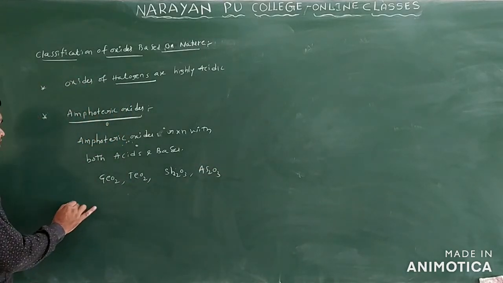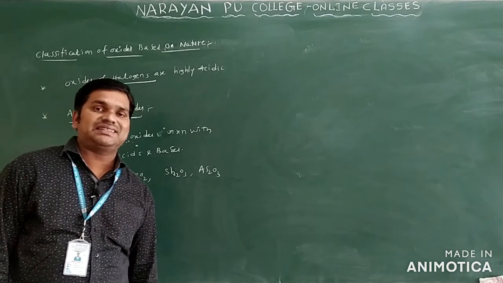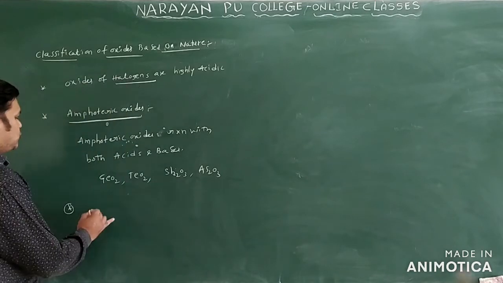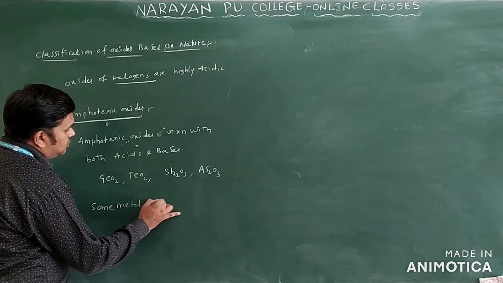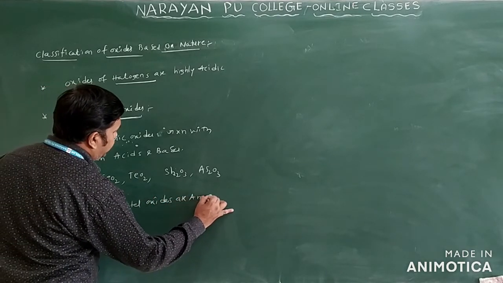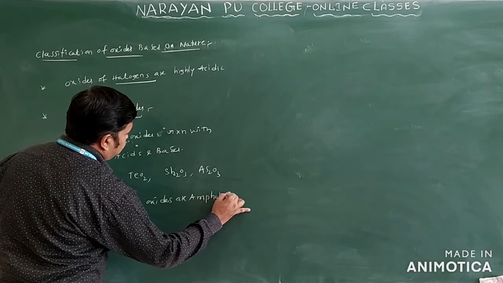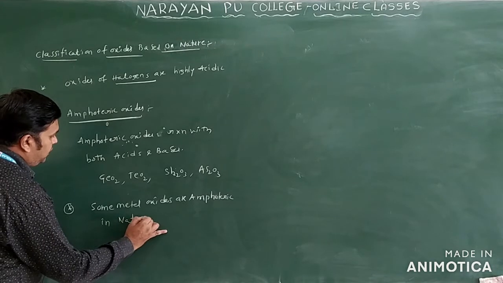Along with these metalloids, some metal oxides can also show amphoteric nature only. Some metal oxides are amphoteric in nature. What are those?